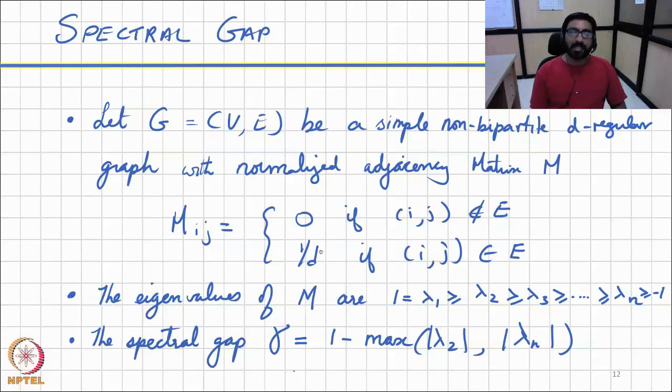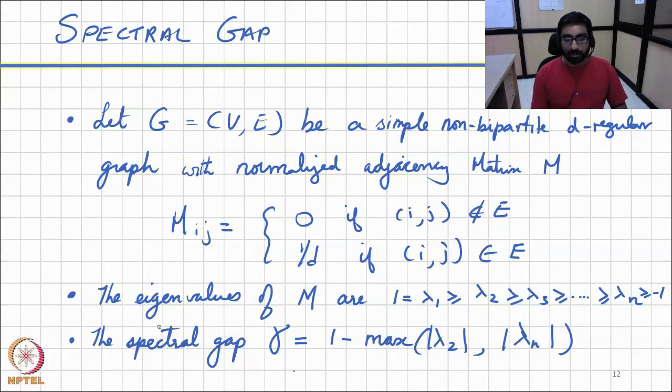So 1 over D here can be thought of as a probability. Consider a random walk that is at vertex I. This 1 over D is the probability with which it would transition to vertex J. So this is called the normalized adjacency matrix, and it's also sometimes called the random walk matrix.